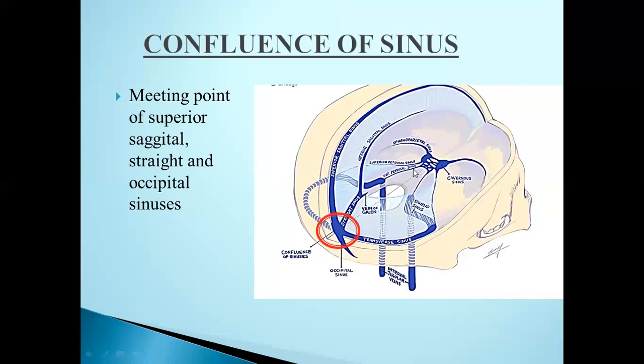Then we have smaller sinuses, the superior and inferior petrosal sinuses on the petrous temporal bone, the paired cavernous sinus, and the sphenoparietal sinus. So we have many important sinuses which are the draining venous channels within the cranial cavity. As in the body and limbs there are veins which are draining, in the brain these are the sinuses which are draining the blood.